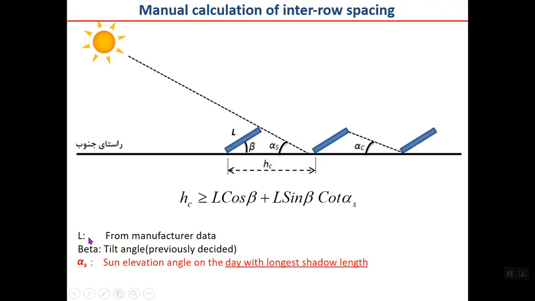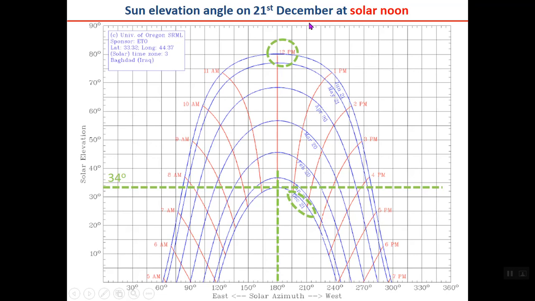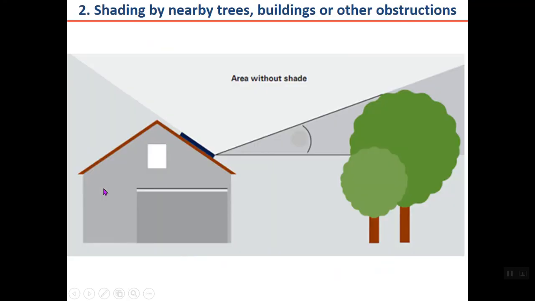Then you can take 20 for the value. My idea is that if you have enough time or land to use, then take 9 a.m. or 3 p.m. for determining alpha S. But if your land is limited, then you may take 12, or solar noon, for determining the alpha S value.